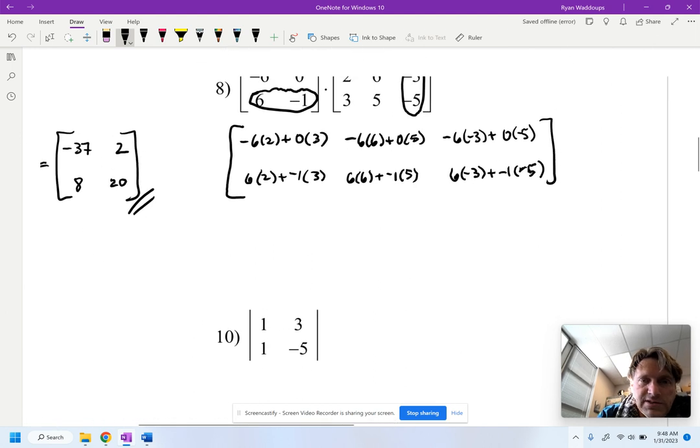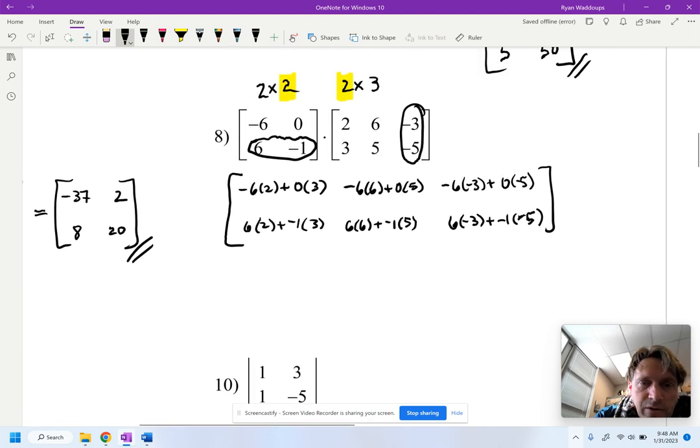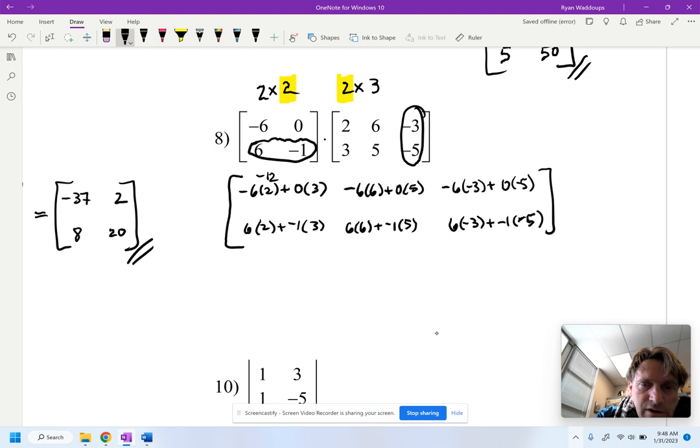Then we just close this up. We need to evaluate. Negative 6 times 2 is negative 12. Over here is 0. So my first element is negative 12. Then I got negative 36, and 0 times 5 is 0. So the next one is negative 36. Then I got positive 18, and once again 0. So that's 18 here. Here I got 12 plus negative 3, which would be 9.